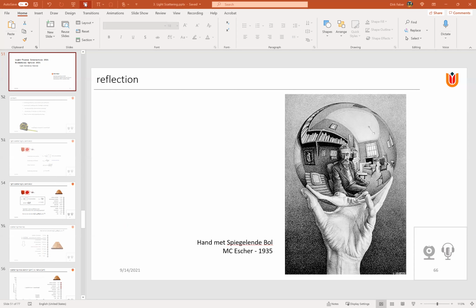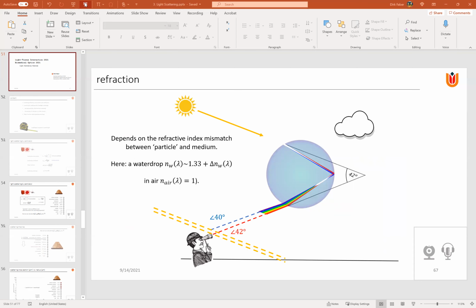If you look at large particles like this one, the first interaction mechanism is reflection. Light gets reflected. It doesn't have to be glass; it can be any other material, but some light is just reflected. The second mechanism is refraction, and that is what happens in the clouds and when forming rainbows.